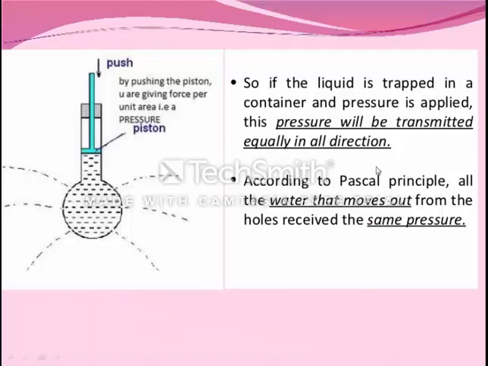And second, if a liquid is trapped in a container with a movable piston and we push it, as we have learned that force is a push or a pull, this pressure will be transmitted equally in all directions.